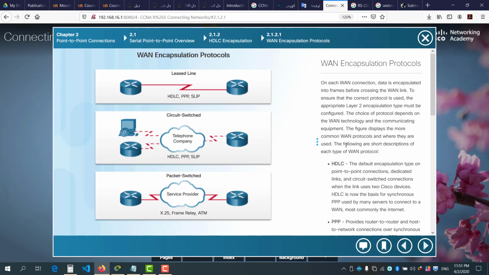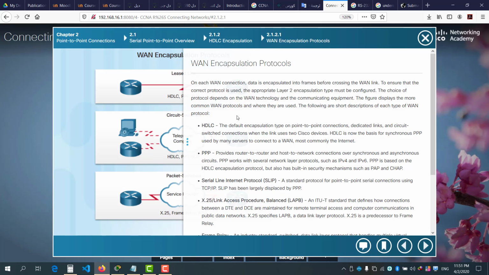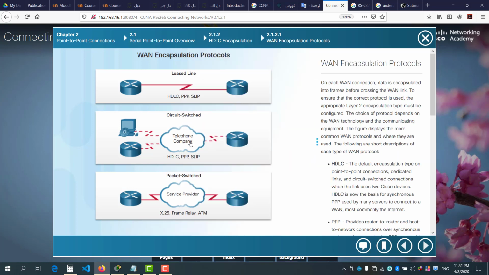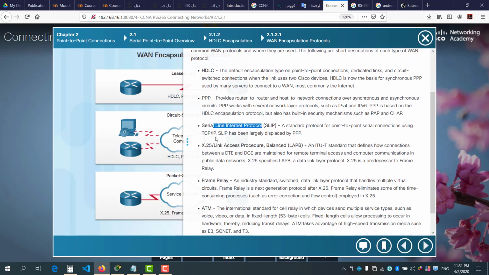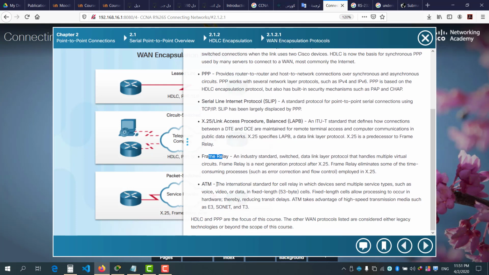What about WAN? What about WAN encapsulation protocols? Here, by analogy, we discuss all the protocols that make the encapsulation of data to transfer the data from source to destination. What are these protocols? We have HDLC, PPP, Serial Line Internet Protocol, X.25, Link Access Procedure, Frame Relay, and ATM.